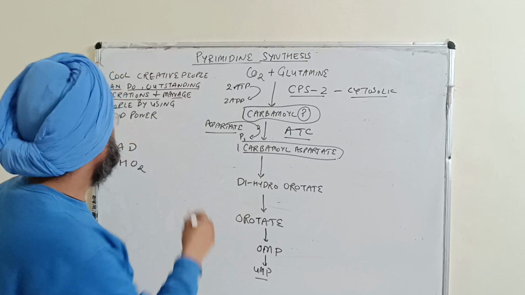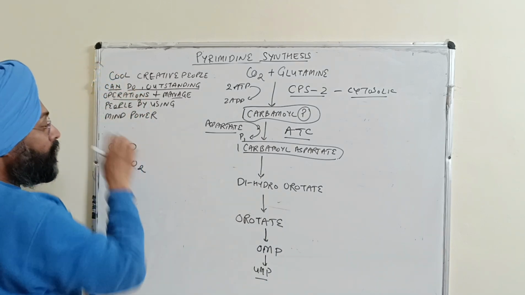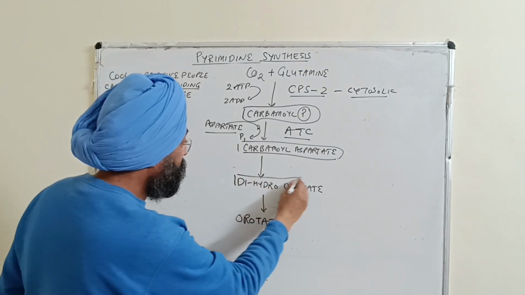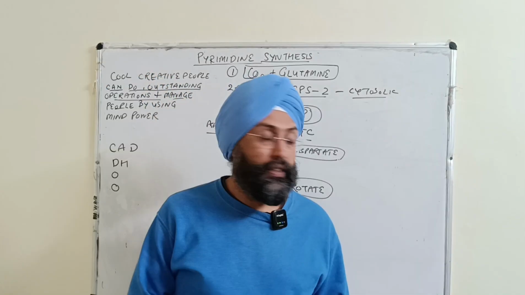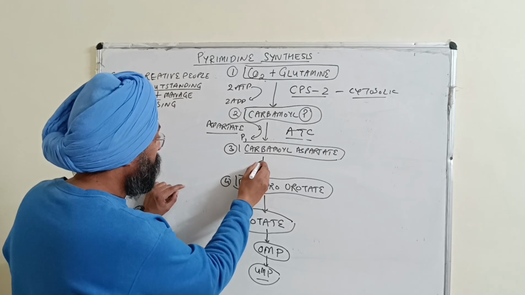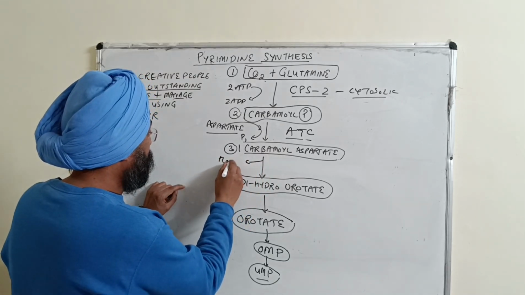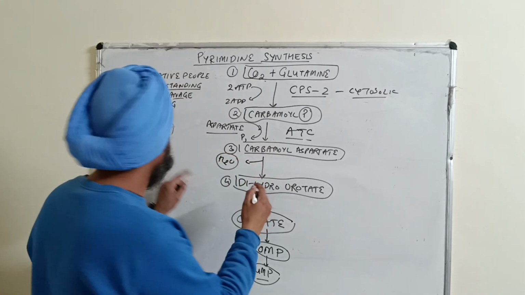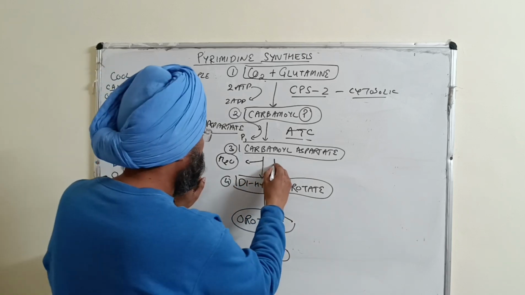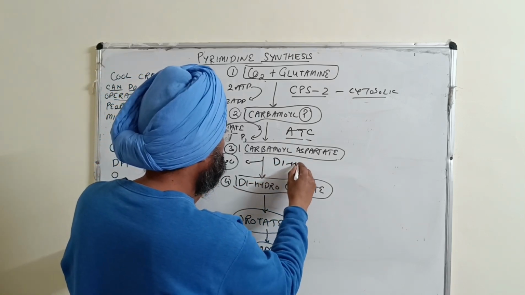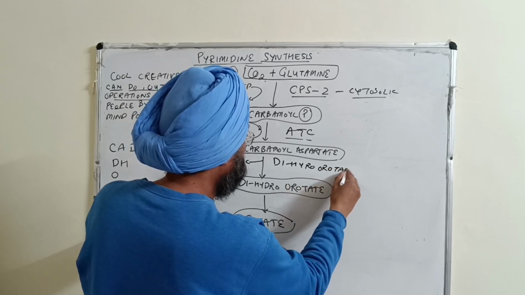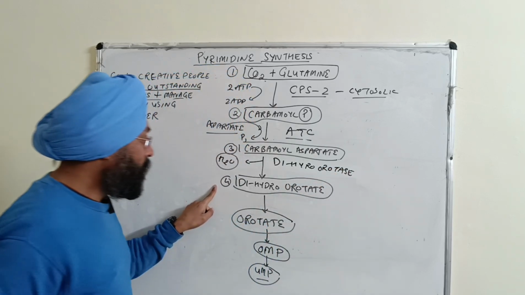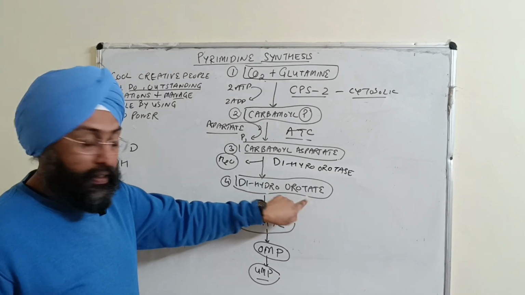And after that, from carbamyl aspartate, do for dihydroorotate, right? And in this step, we'll remove a molecule of water, and the enzyme is dihydroorotase, right? In the fourth step, we'll get dihydroorotate, right?